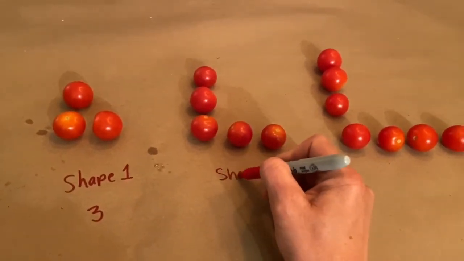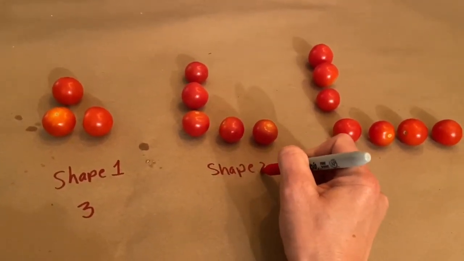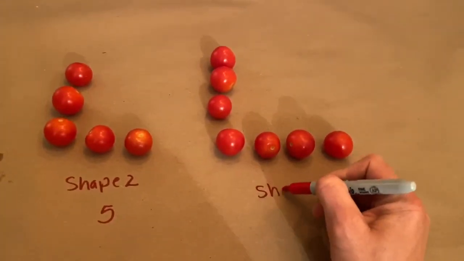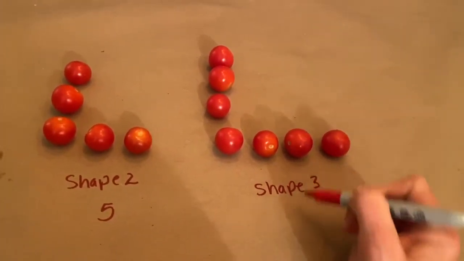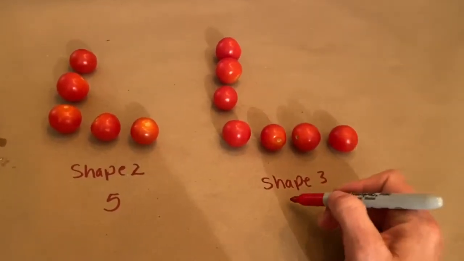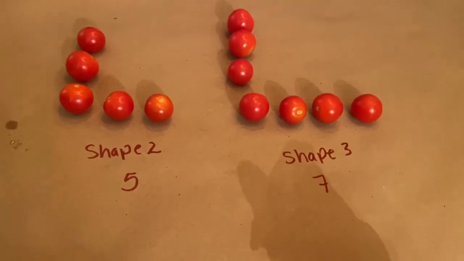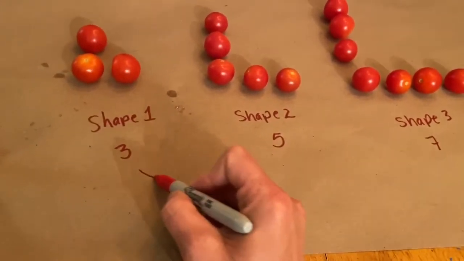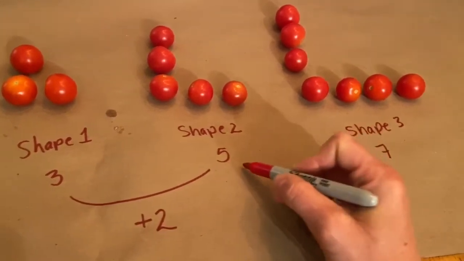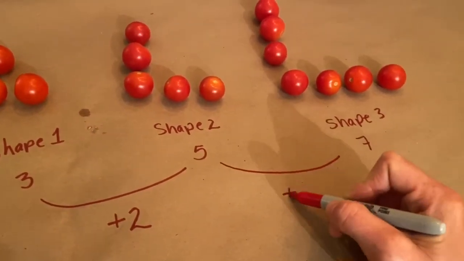In shape 2, there are 5 tomatoes. And in shape 3, there are 1, 2, 3, 4, 5, 6, 7 tomatoes. And I didn't really need to count because I can tell that my number of tomatoes is going up by 2 each time.